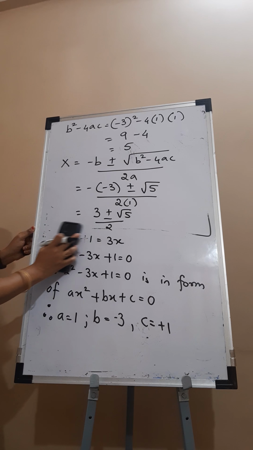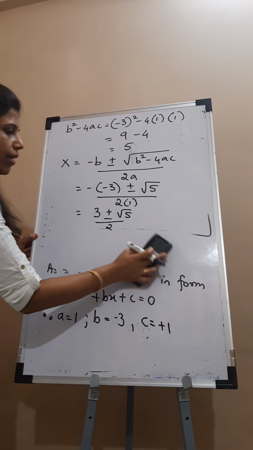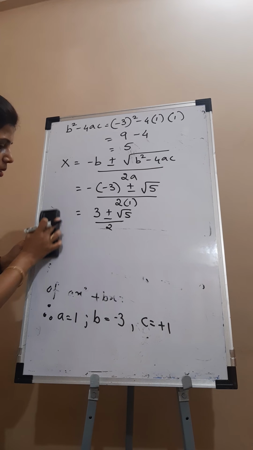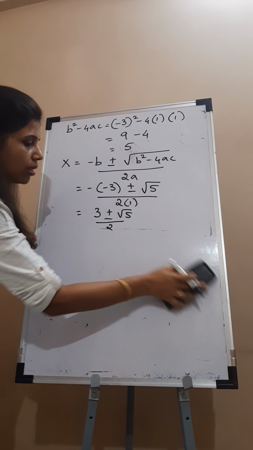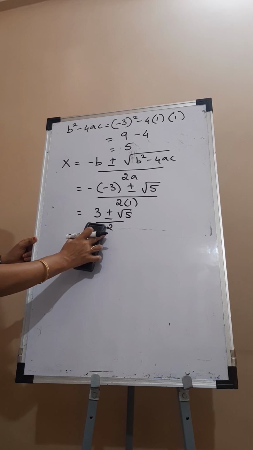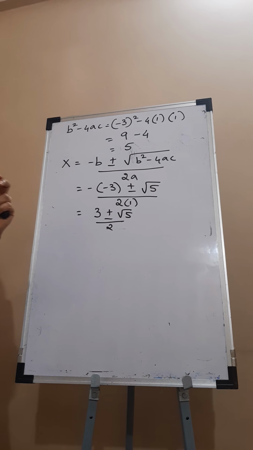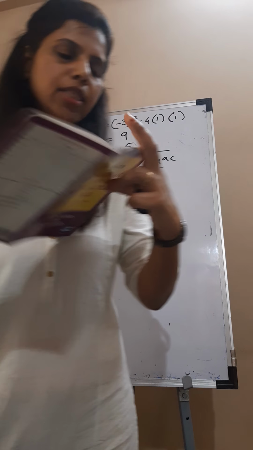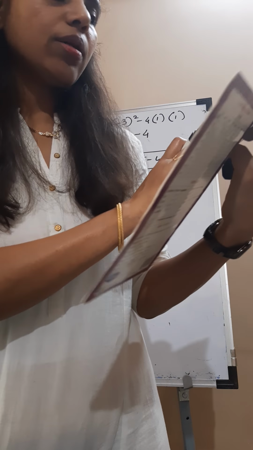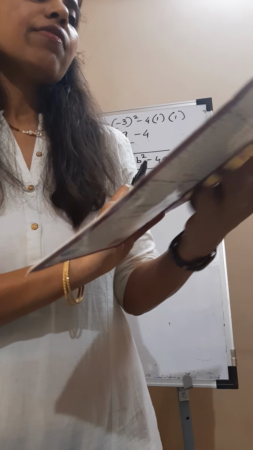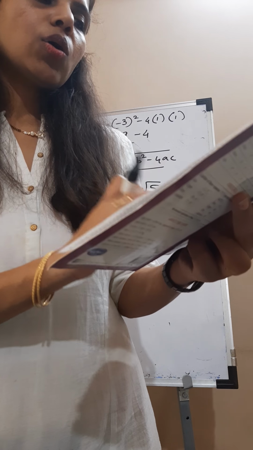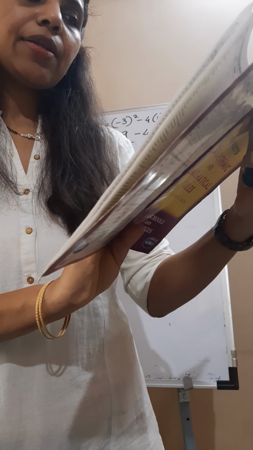Now you have to find the value of root 5. Again, as it is not a perfect square, you have to take the help of the log table. When you are taking the help of the log table, go to the page where it is written 1 to 10.